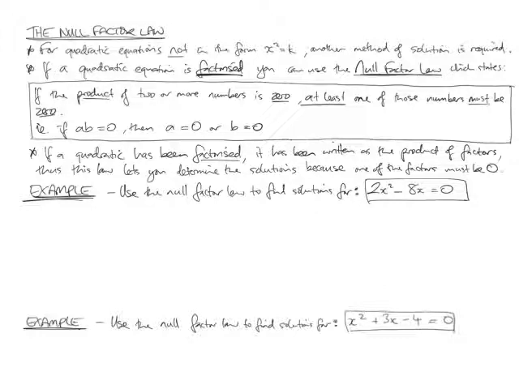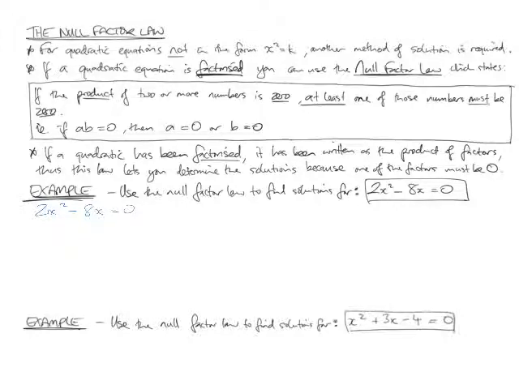Use the Null Factor Law to find solutions for 2x squared take 8x is equal to 0. So firstly, we determine that this is not in this form, so we can't use the x squared is equal to k method of solution. So, let's try the Null Factor Law. We need to factorize this. What's the highest common factor on the left hand side?